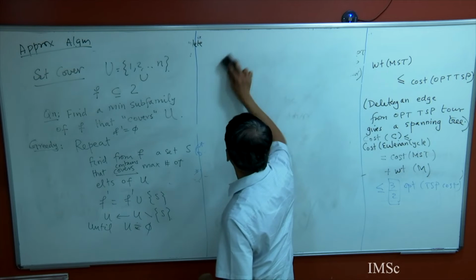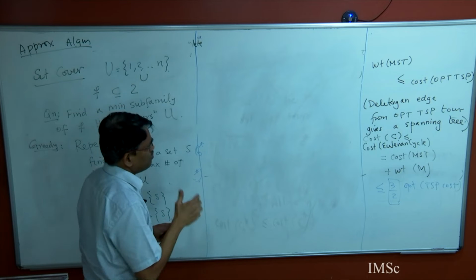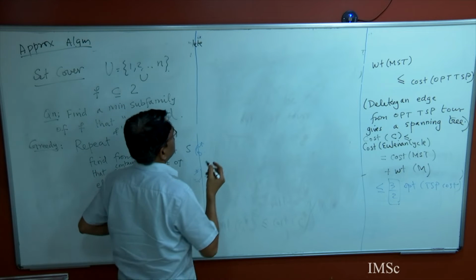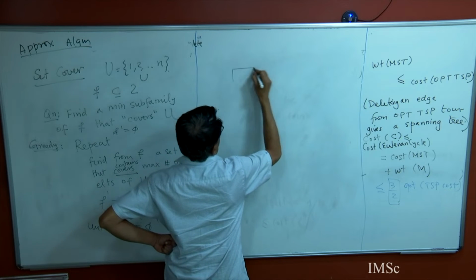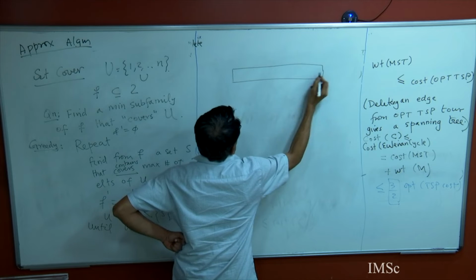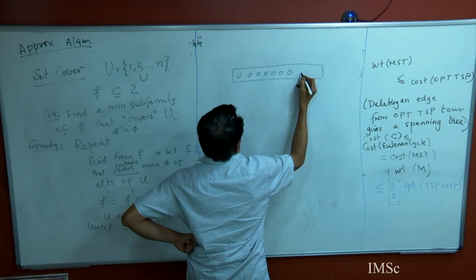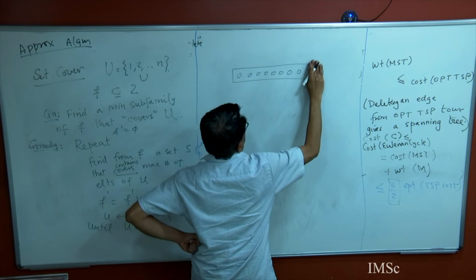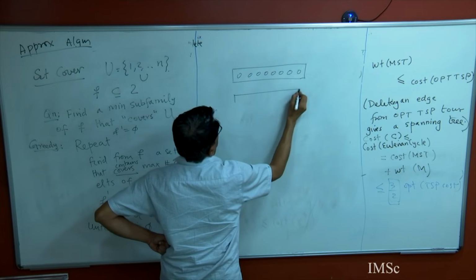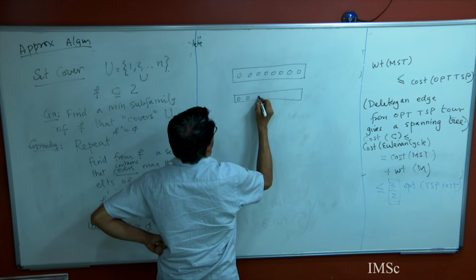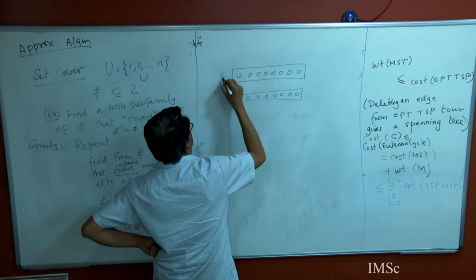Okay, so let's see an example where it can be pretty bad. Let's see this pictorially. So I have maybe some 16 elements. Okay, so 8. I think this works for any power of 2. So this is some S1.